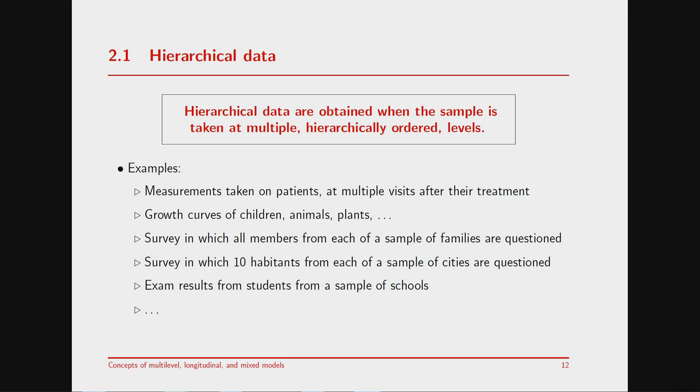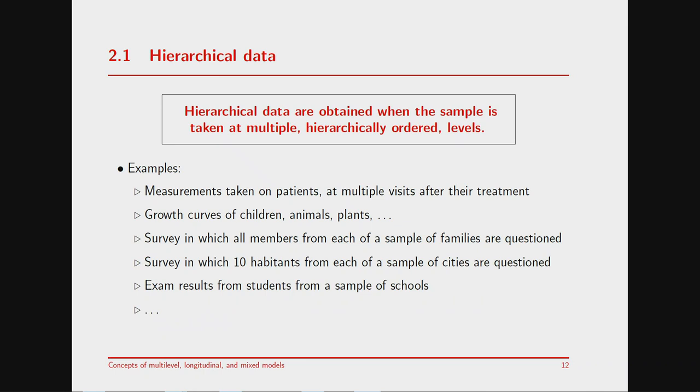For the other examples, if there's no time dimension, you don't need to model a time dimension. So for an example like the habitants in the cities, the students in the schools, or the family members within the families, from a model perspective these models are much easier to specify, because you don't have to make any assumptions about the relationship between time on one hand and your outcome on the other hand.